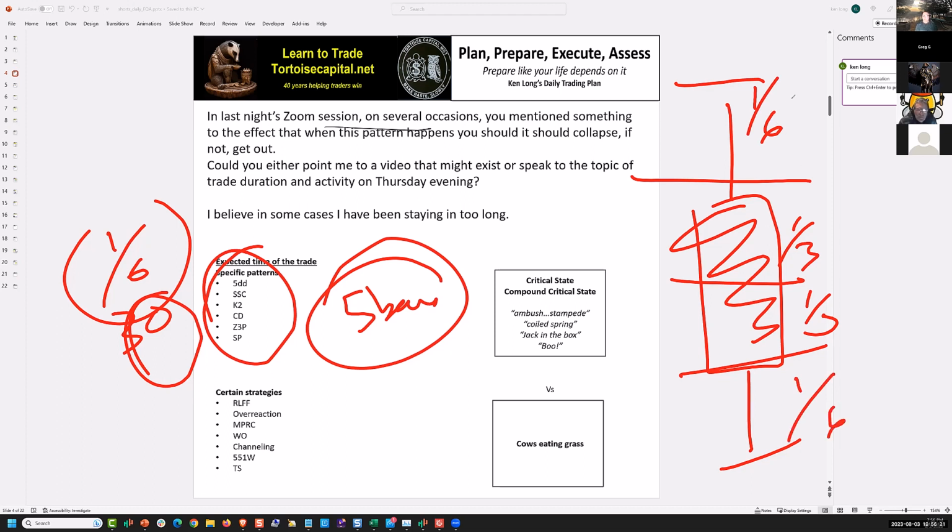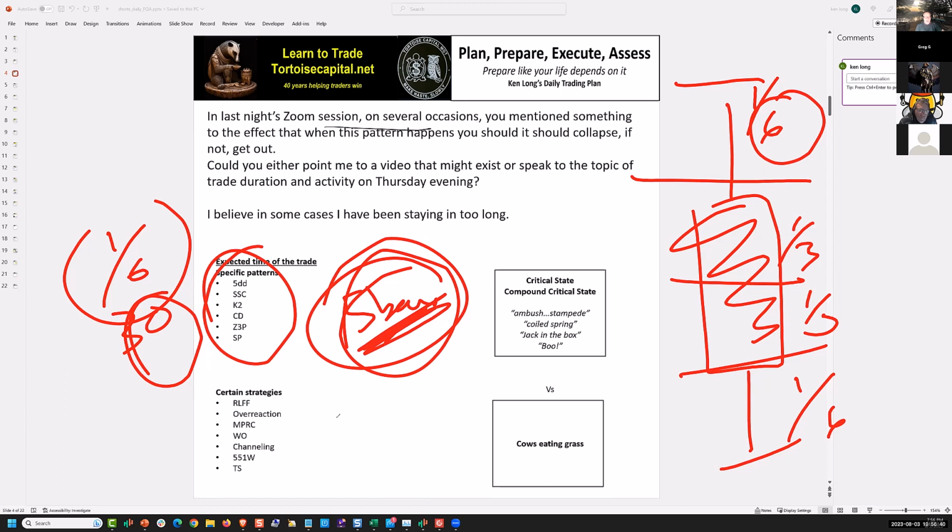So 6 or 5. If it hasn't worked in 5 bars, yeah, it didn't work. Next bar, it could work because the trigger hit. So that's a fuzzy number, but you can work on that.